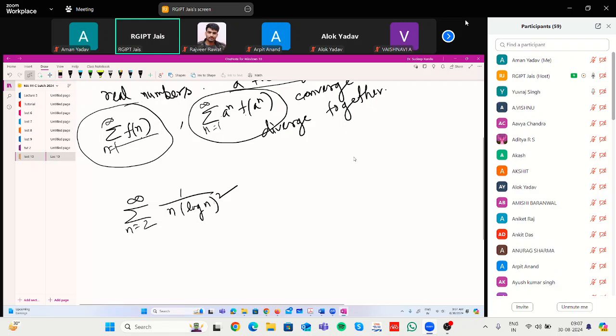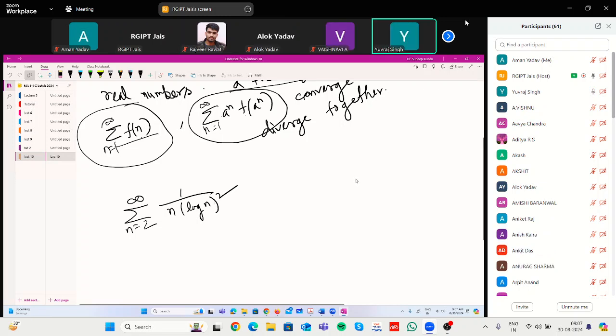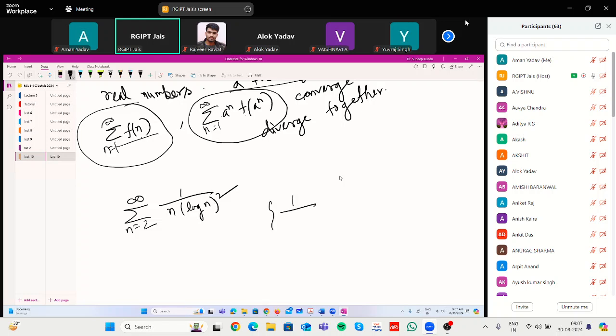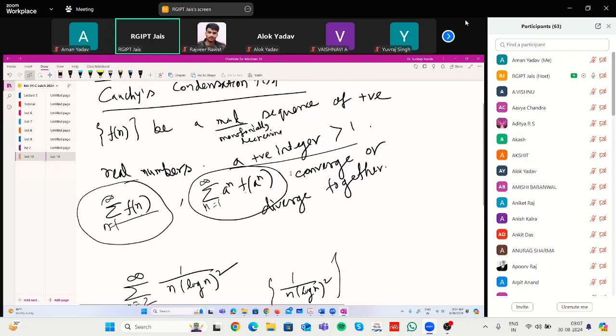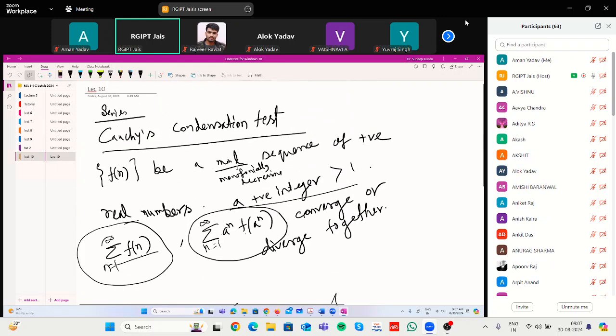But first what you have to show to apply Cauchy's condensation test? First you have to show that the sequence f(n) is a monotonically decreasing sequence of positive real numbers.